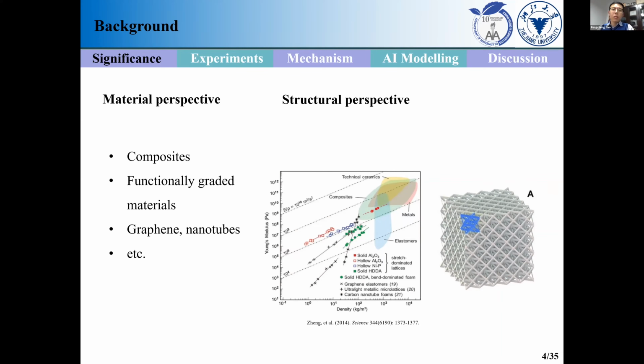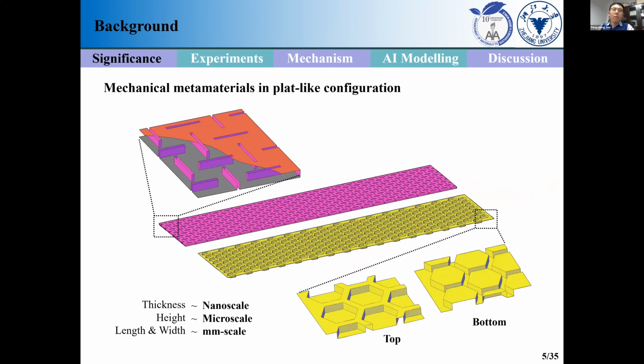And my research group has been working on mechanical metamaterials, particularly in the plate-like configurations, such as these two plates. We see that they have basket and hexagonal design patterns, right?